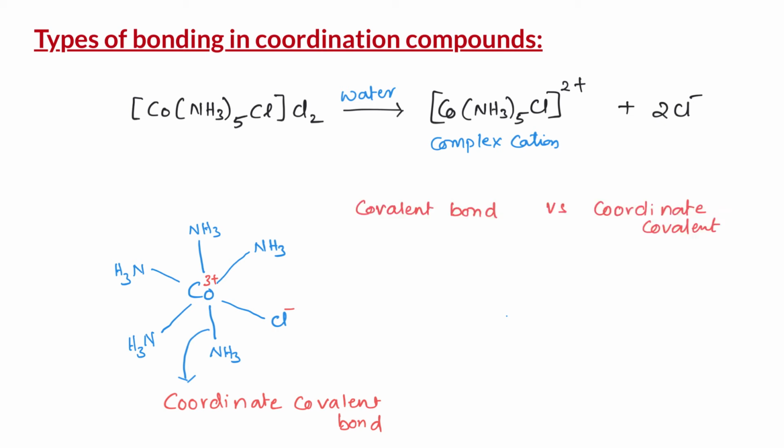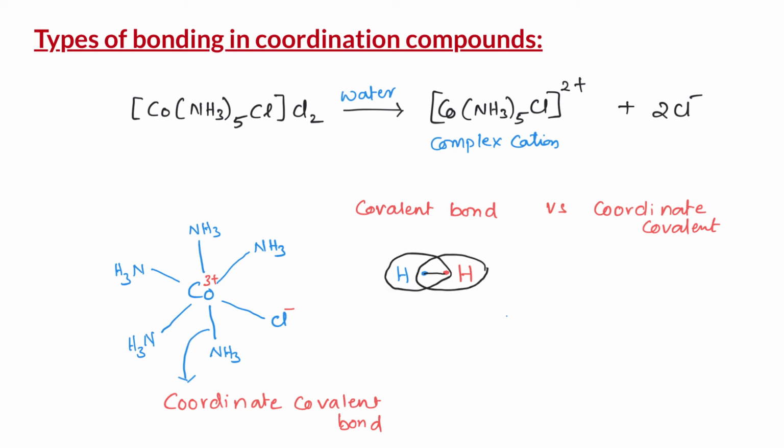Now, what is a coordinate covalent bond and how is it different from a regular covalent bond? In a regular covalent bond, each of the participating atoms contributes one electron, and the electron pair formed is shared between both the atoms.